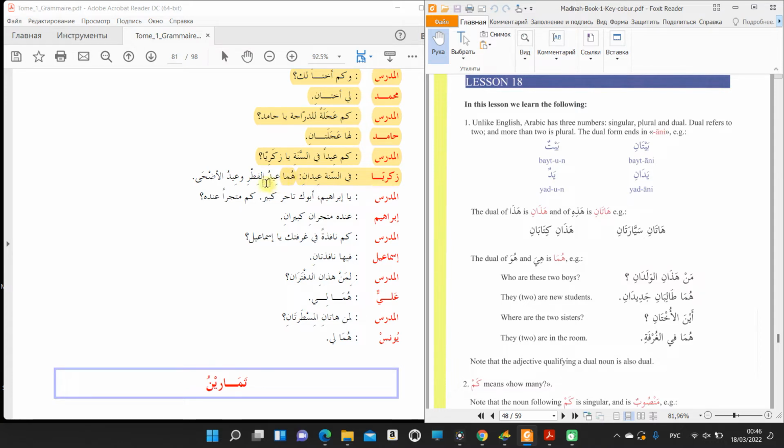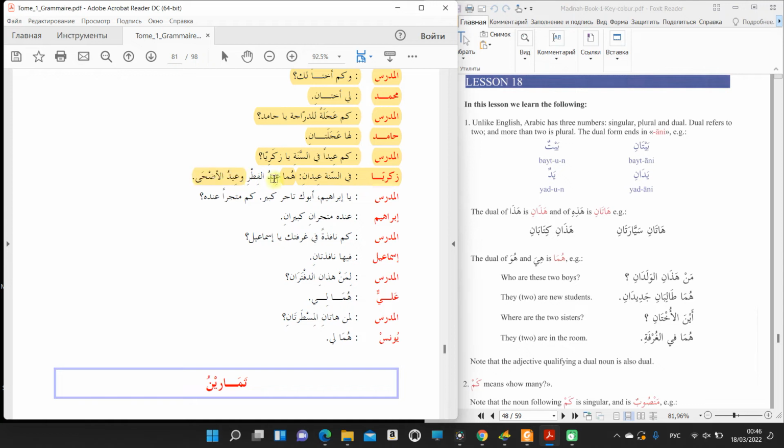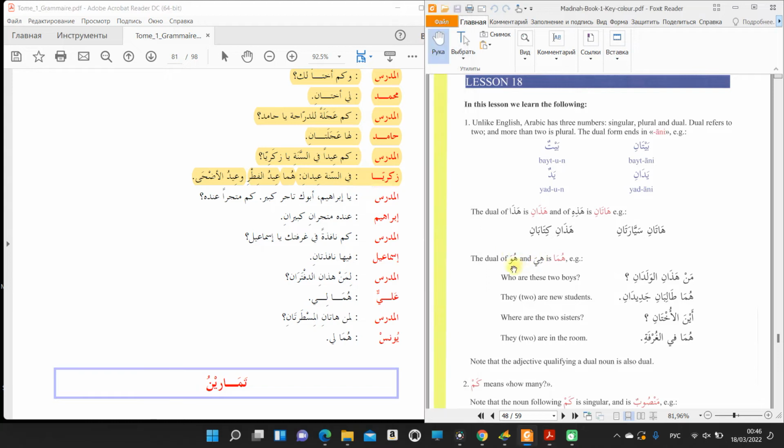So huma عيد الفطر, which is the first one, وعيد الأضحى, which is two. It's one, it's two. So we use this pronoun huma when we are talking about two things. Just like here, the dual of who or here, huma.